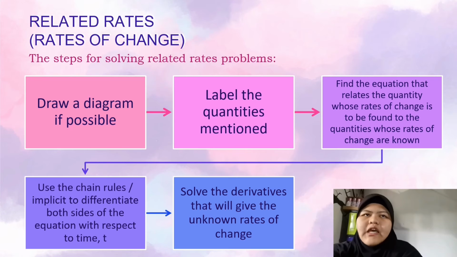Then, you have to use the chain rule or implicit differentiation to differentiate both sides of the equation with respect to time, which is t. The last step is to solve the derivative, which will give the unknown rate of change. That was all the steps for solving related rate problems.